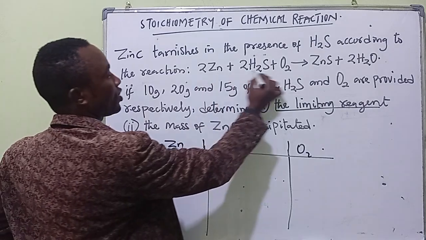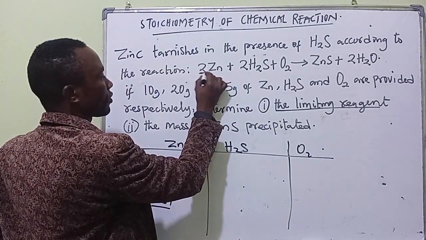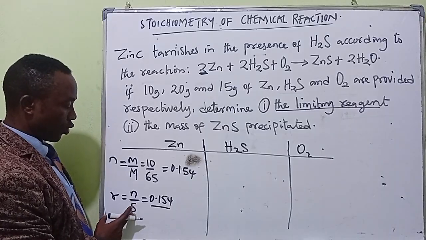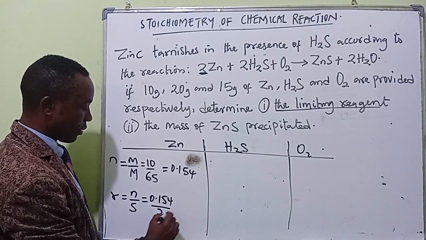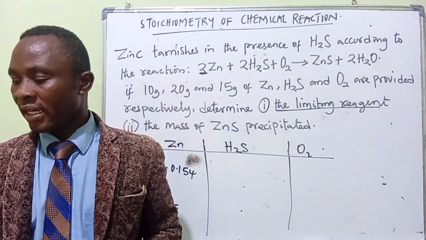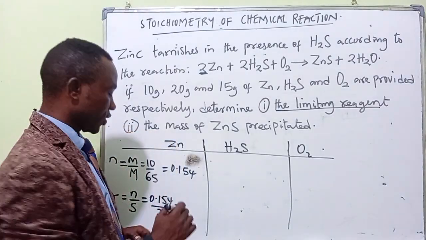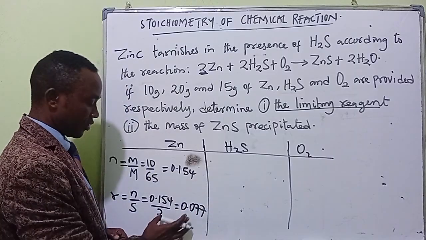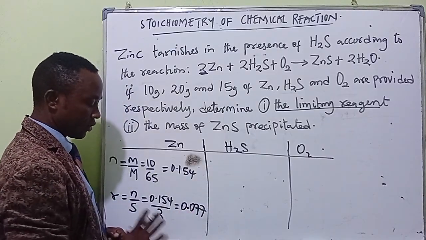Now, this is the balanced equation. The number of mole of zinc in this balanced equation is 2. That is the S, the stoichiometric number of moles. So this will be divided by 2. Then if you divide this, you get the ratio of mole for zinc to become 0.077. That is for zinc, 0.077.